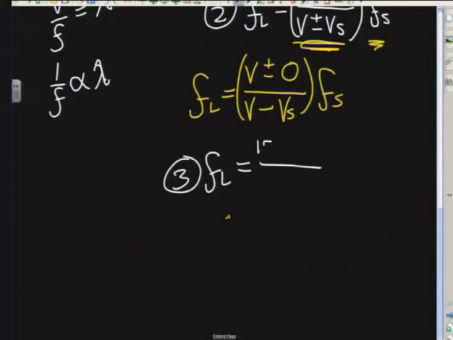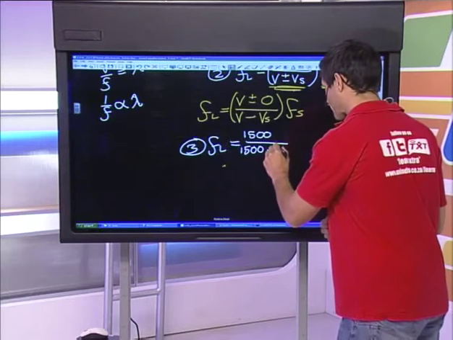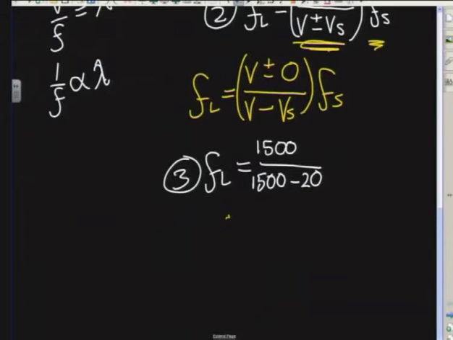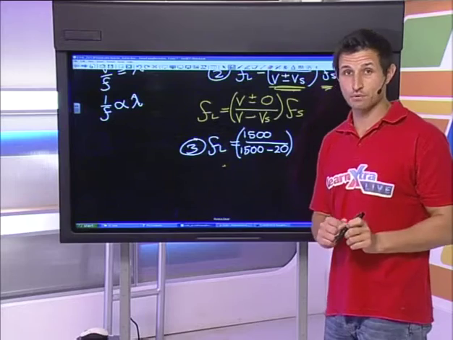So there's 1,500. Now at the bottom, it's the same velocity, 1,500, except now what I've got to do is subtract from it the velocity of my dolphin. And that was 20. Guys, please make sure that you understand why I'm subtracting 20 and not adding 20. This fraction itself is going to be larger than 1, and that's exactly what I want.